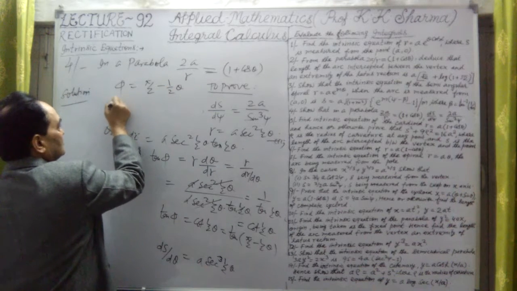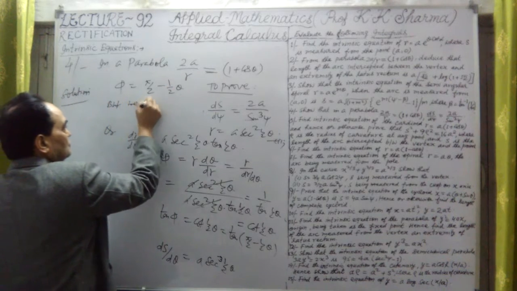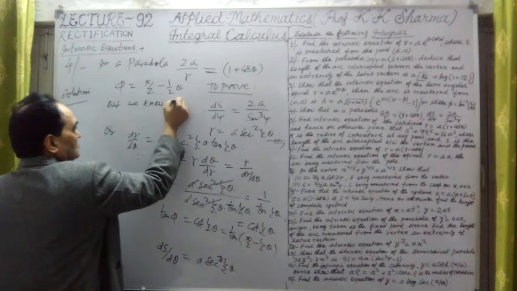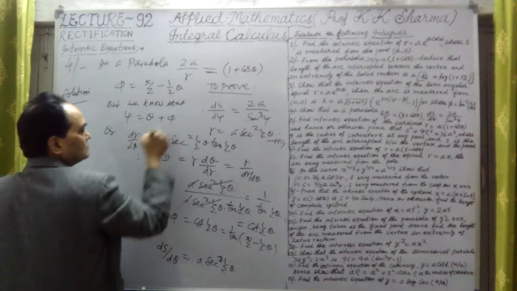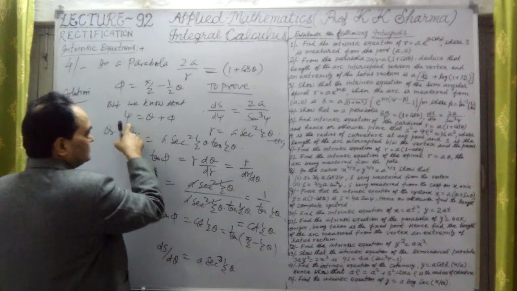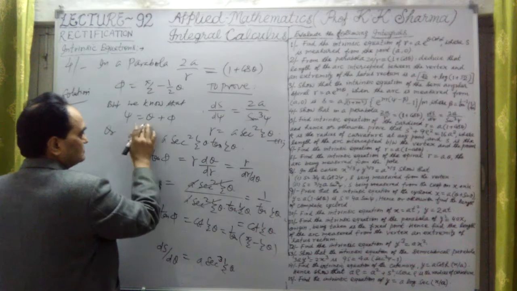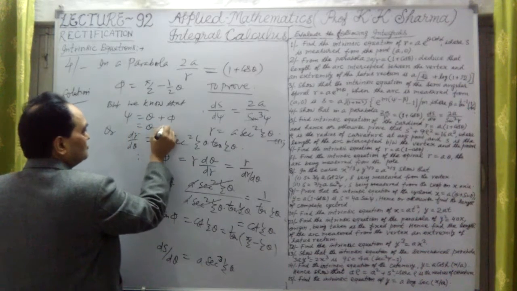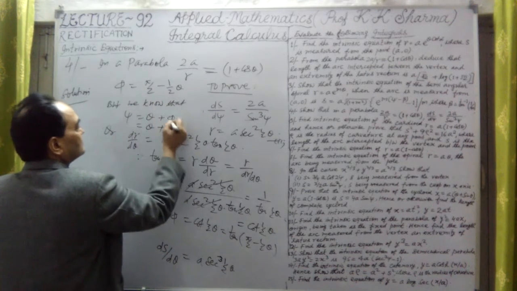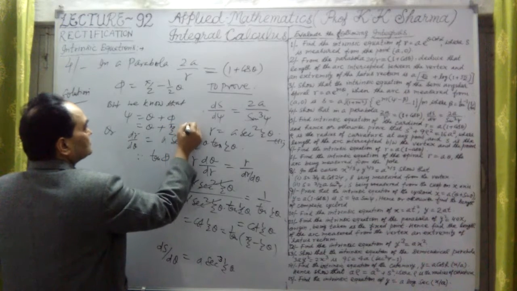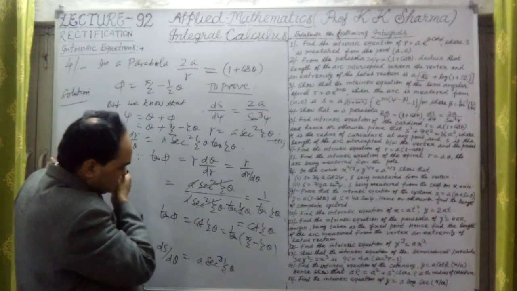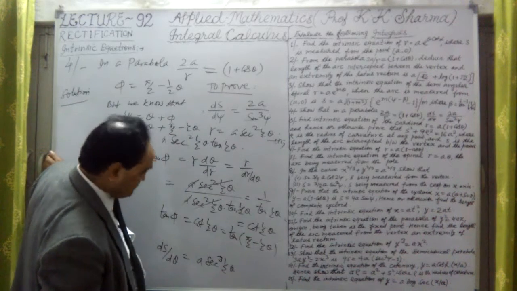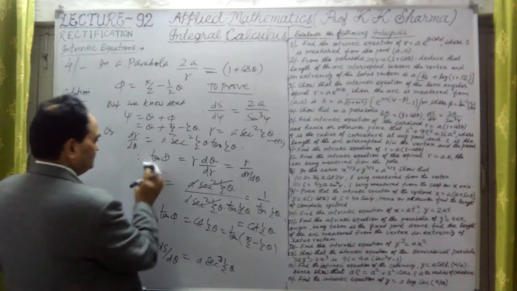But we know that psi angle equals theta plus phi angle. Okay, exterior angle psi equals the sum of the two interior angles. So here we can substitute the value of phi. Phi is this, pi by 2 minus half theta.